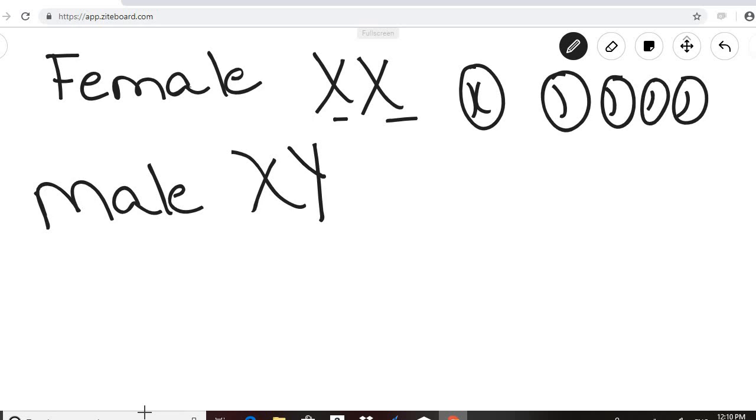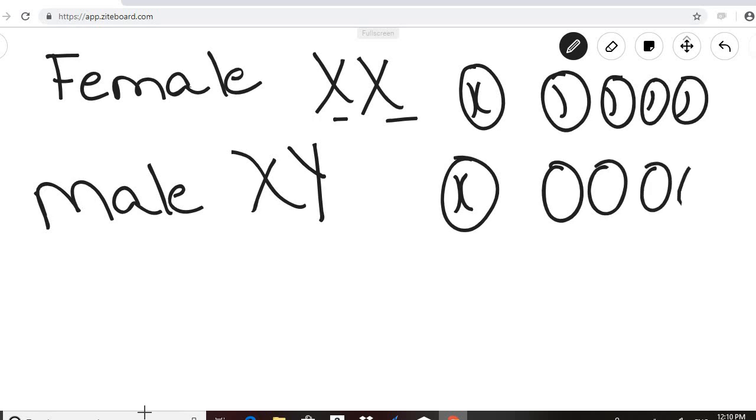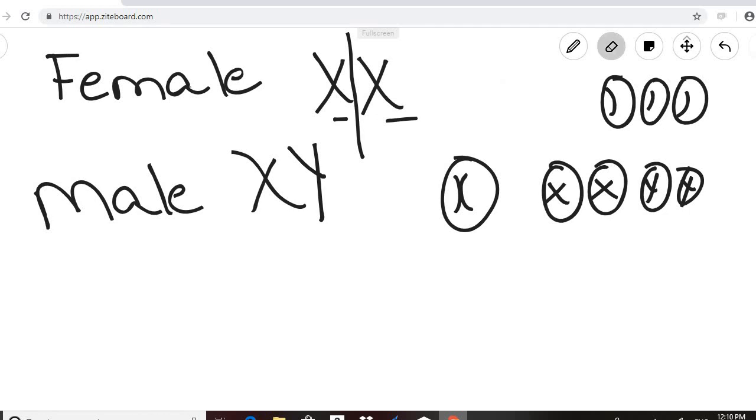Whereas in a male, when this chromosome splits and you get the 4 gametes produced, half of them will be X's and the other half will be Y. So the only thing that a female has for the gamete is an X, whereas for a male, the gamete could be an X or a Y. Okay, so that happens during meiosis.